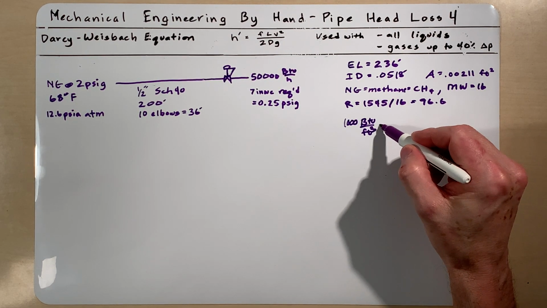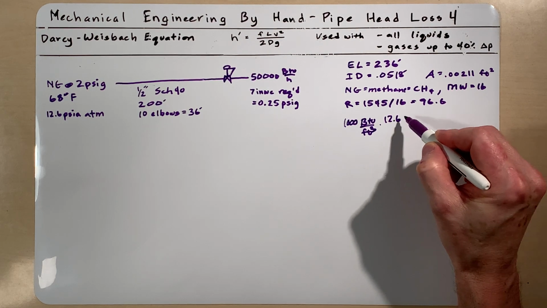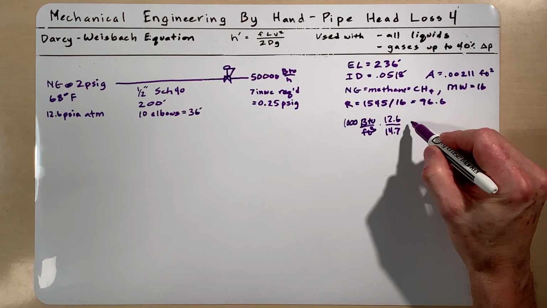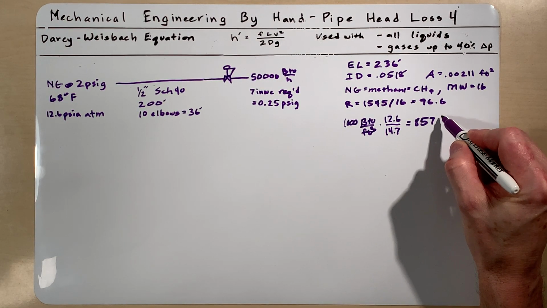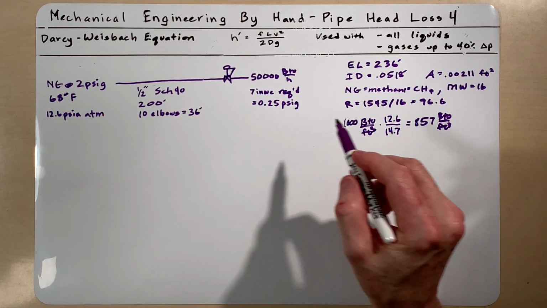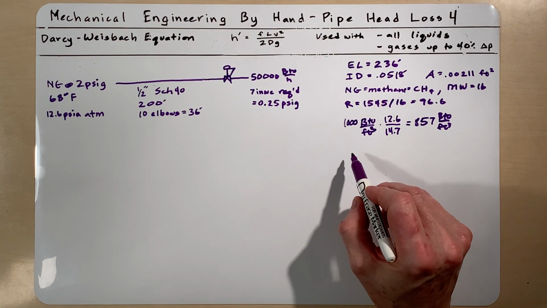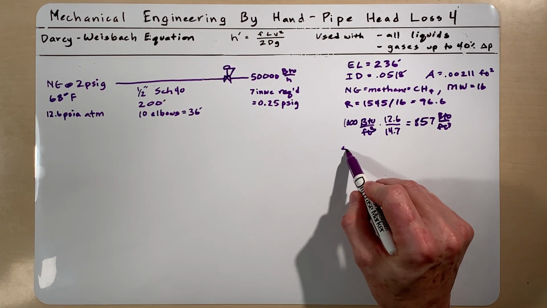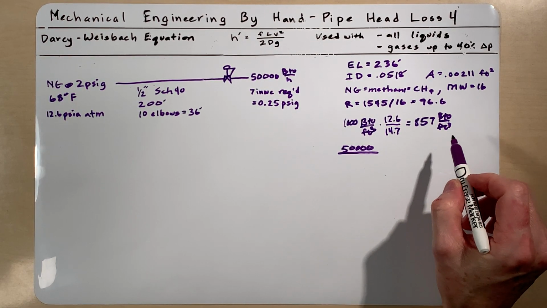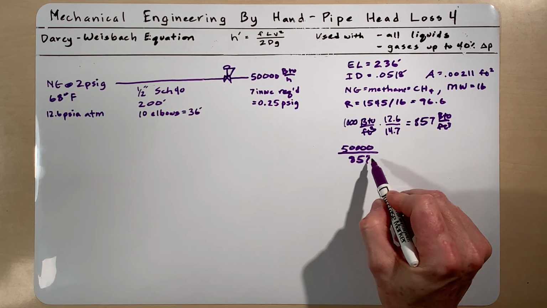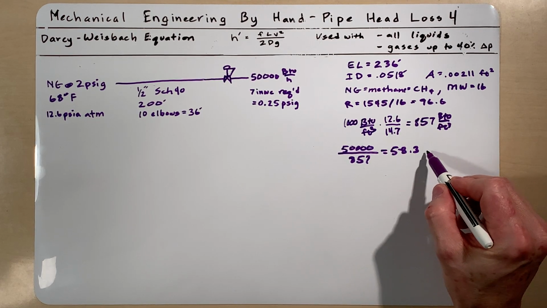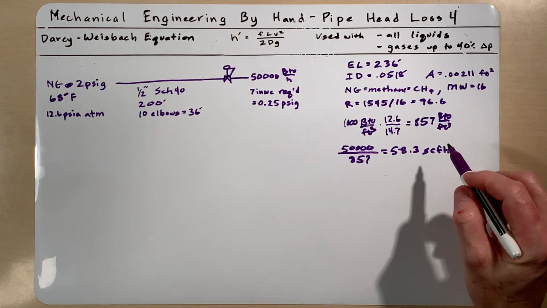So what we do is just multiply that times the actual pressure divided by standard pressure, and we get 857 BTUs per cubic foot. Okay, so now we know how much gas that requires. So the 50,000 BTUs per hour divided by 857 is 58.3 standard cubic feet per hour.